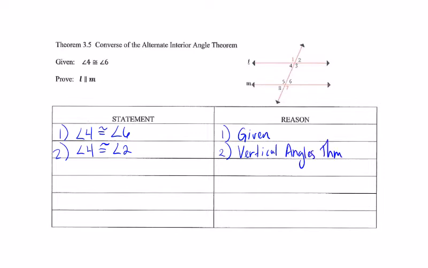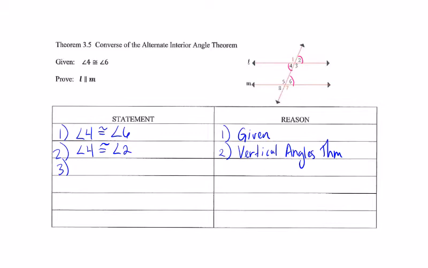All right, and once we know that those two angles are congruent, let me just start marking these in. So we knew this and this, now we know this. So now that 2 and 6 are congruent, we can use the converse of corresponding angles theorem. So we can say that lines L and, actually, I forgot a step there.